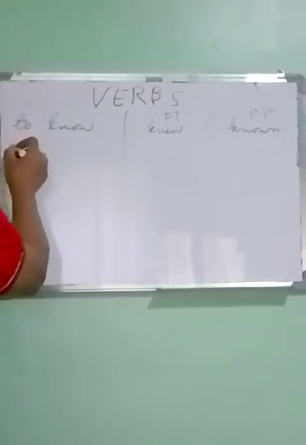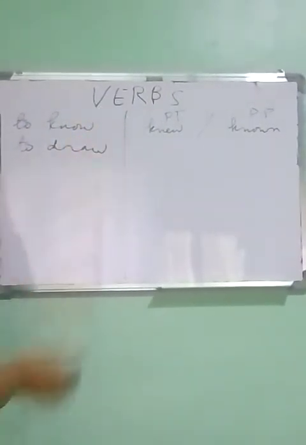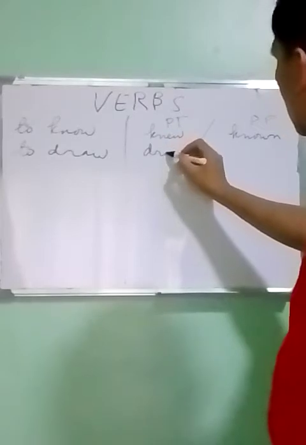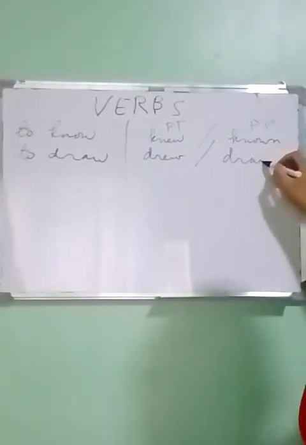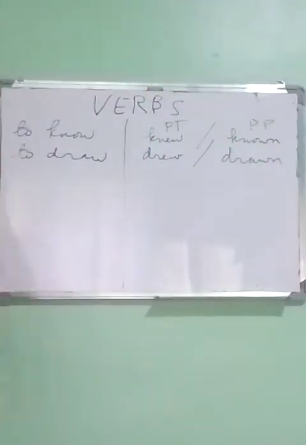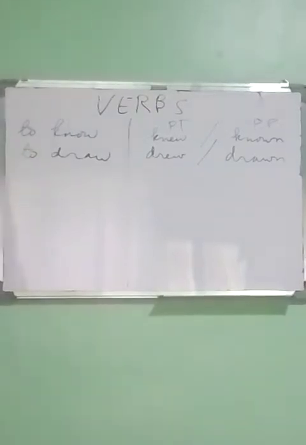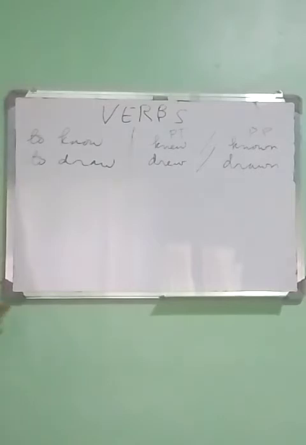Okay, let's take another example. To draw a certain picture. So the past tense of to draw is drew and then drawn. No? So this is almost the same. Did this verb follow a typical pattern? The answer is no. Okay?